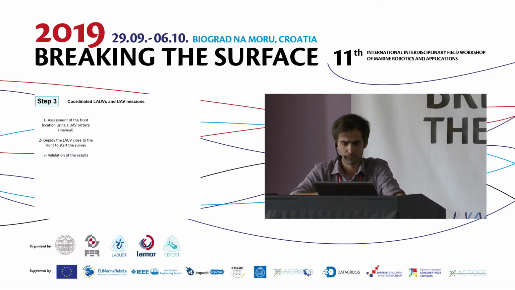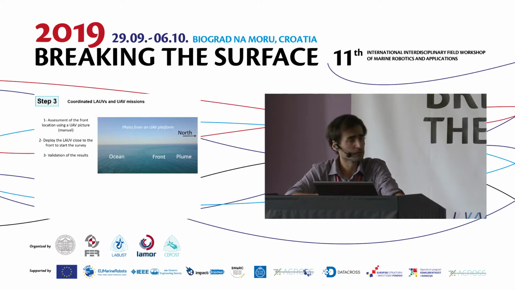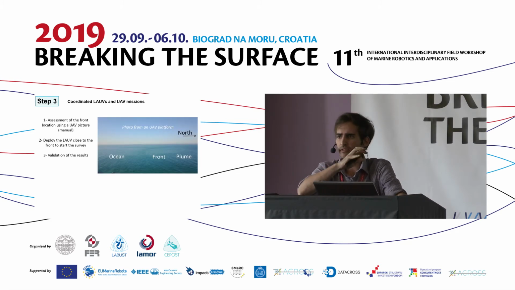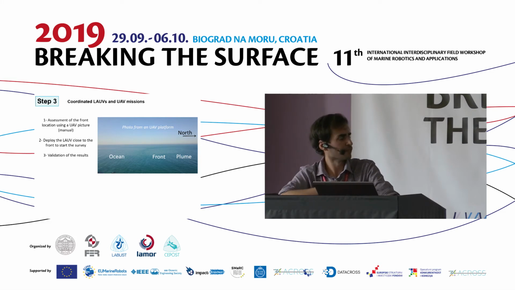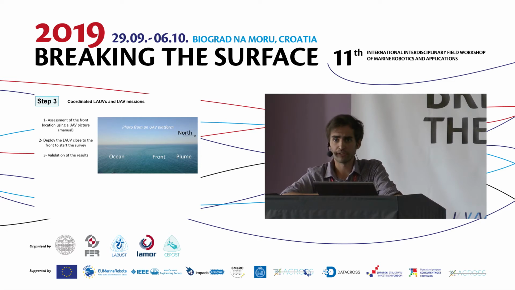So this is the first assessment of the front location using a UAV picture, simple RGB. We just tilt the camera because it's easy to see the reflection of the sun on the surface, and the front is like a convergence zone where the reflection of the sun is a little bit different, so you can see the front very easily, even if the color of the waters is not different, as you can see here.